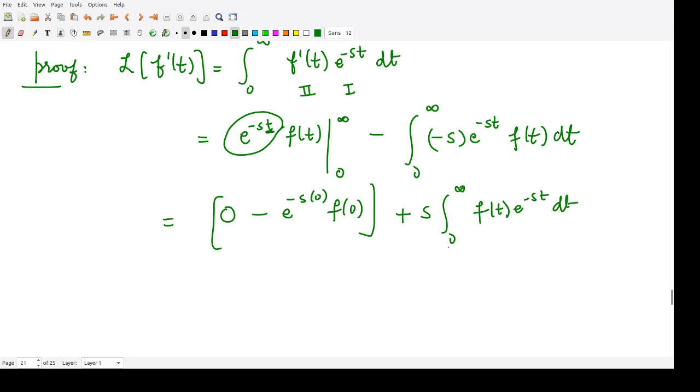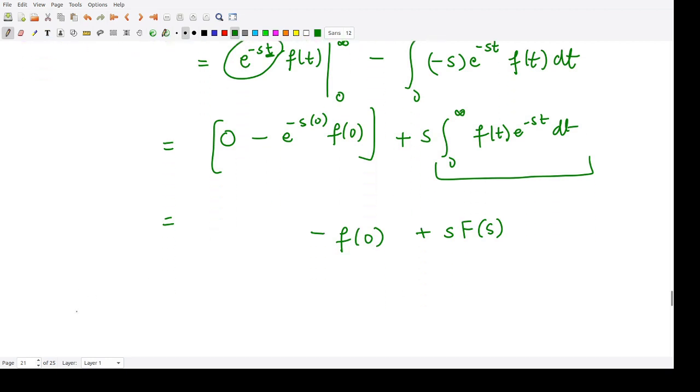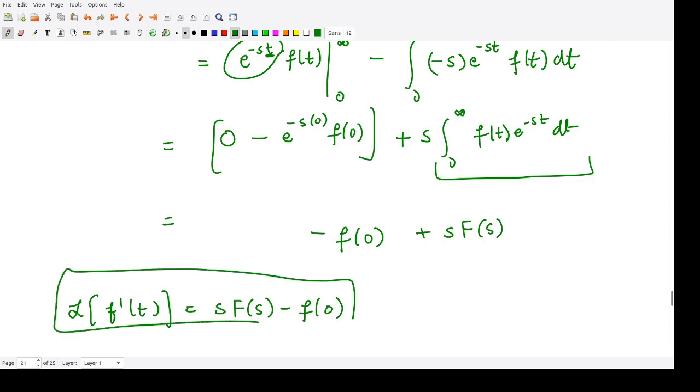This is nothing but the Laplace transform of the function f of t. So this becomes s into F of s, and here we have e to the power minus 0, that is 1, so we have minus f of 0. So the Laplace transform of f dash t is s F of s minus f of 0.